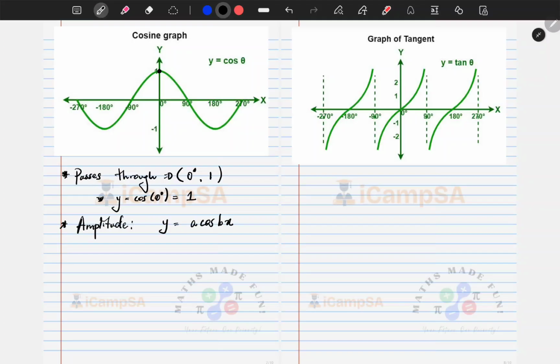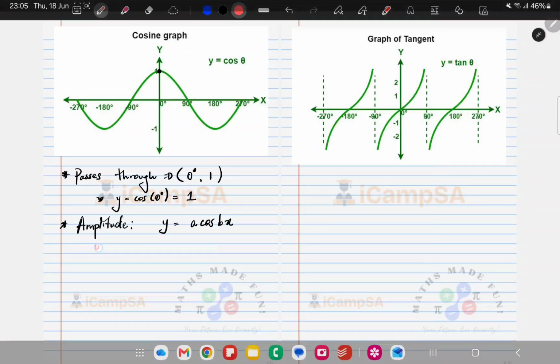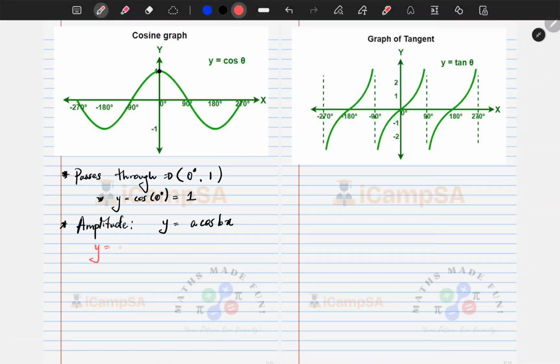In this case, we are given y equals cos x, which means that we have 1 here: y equals 1 cos 1x. Therefore our amplitude is going to be the absolute value of 1, which is 1.